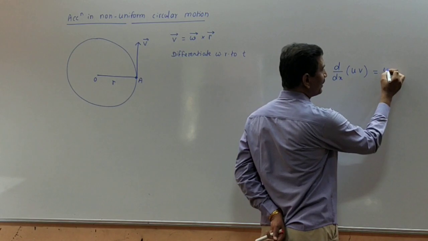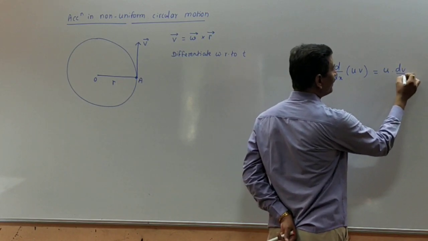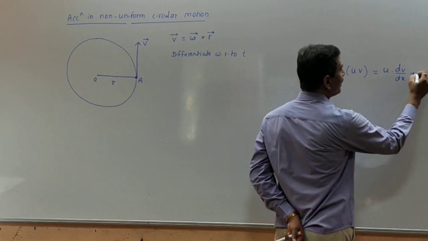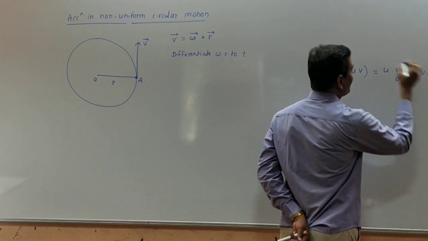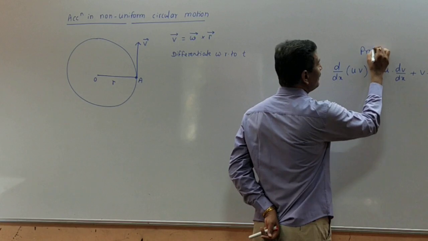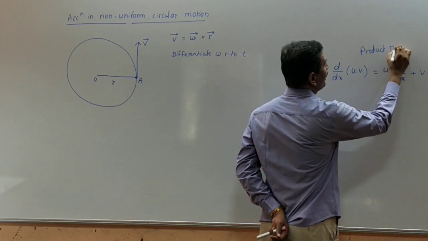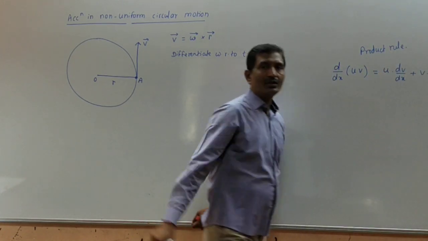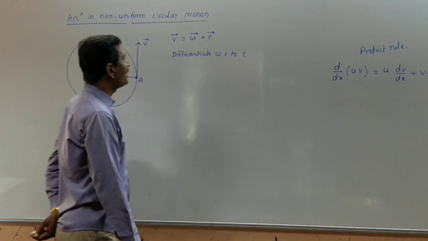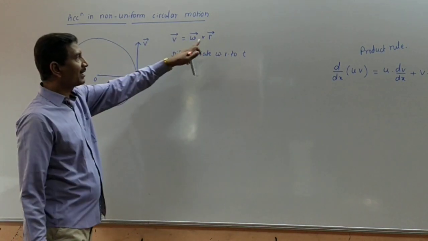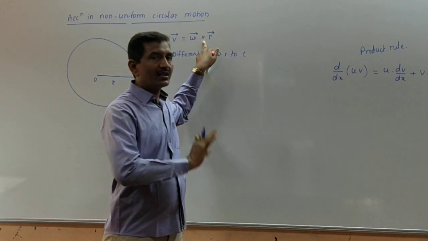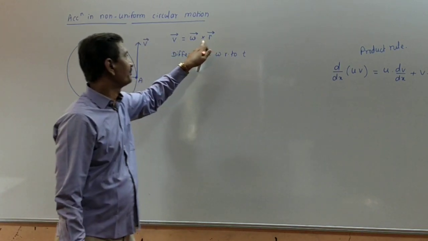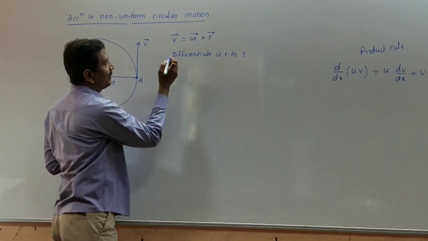The first function into derivative of the second function plus the second function into derivative of the first function. This rule is called the product rule of derivative. We use this product rule here, but a vector product does not obey the commutative law, and therefore we take the precaution.